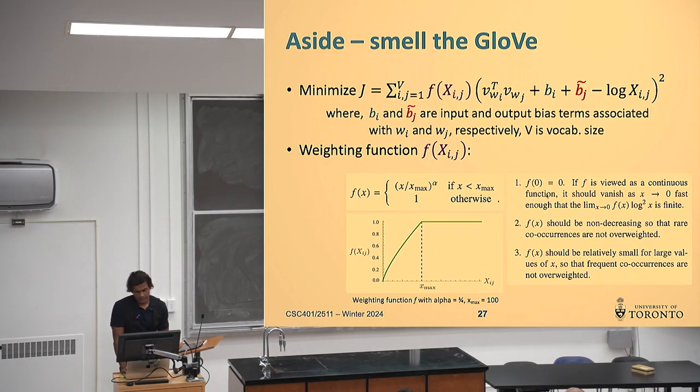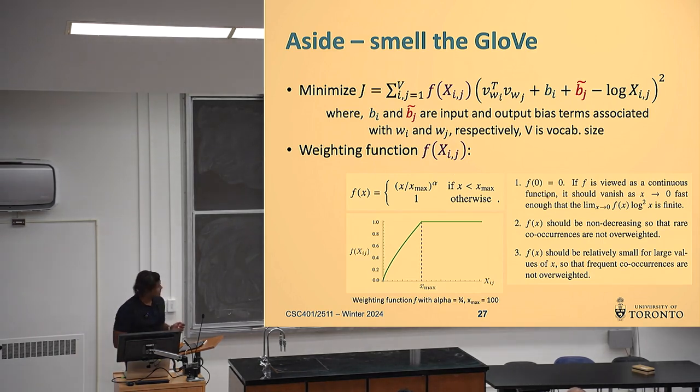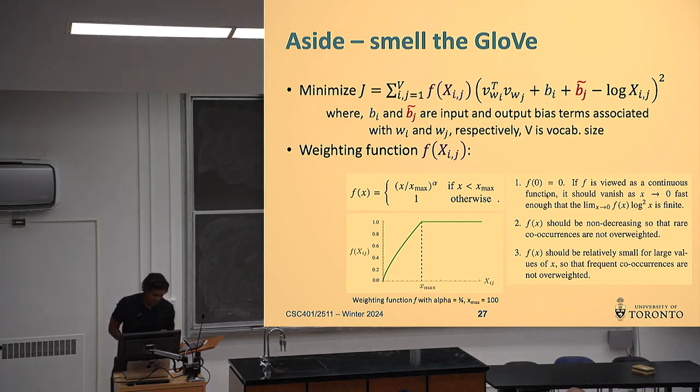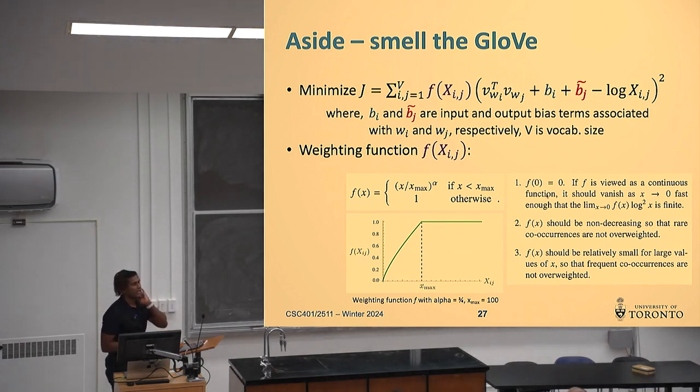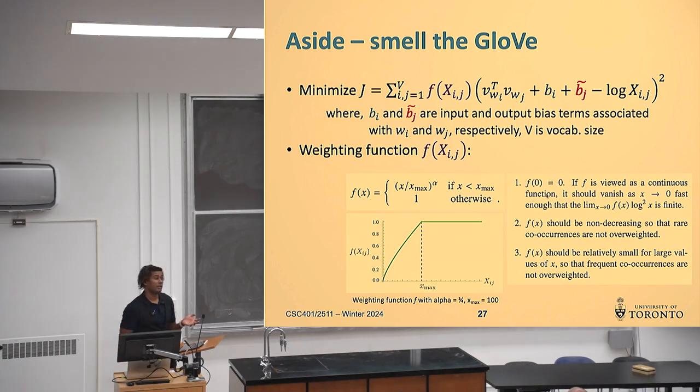This slide will not be tested. It's basically the objective function, and if you're interested, you can read the paper. But at an intuitive level, you might ask: what about frequent words versus infrequent words? Are you going to treat them the same? There are a lot of words where the co-occurrence counts will be very high, and some words that are very rare.